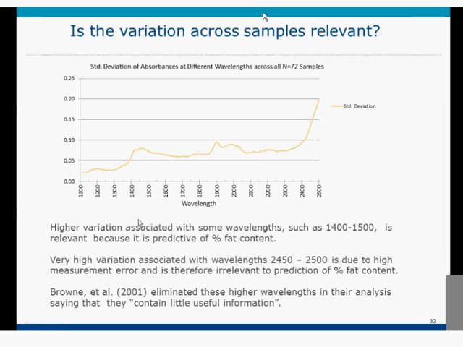Now, if we look at these wavelengths, we see this particular pattern here. I'm plotting the standard deviation. And we notice that certain wavelengths have higher standard deviation than others. So particularly, let's look at this 1400 to 1500 range. Let's go back.